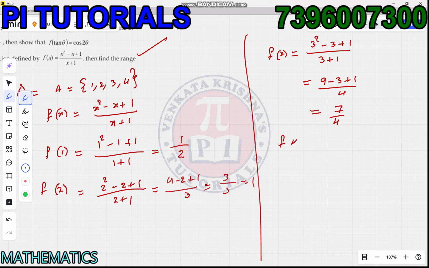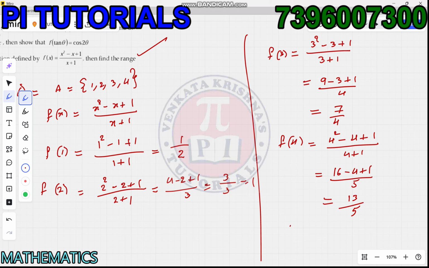Similarly, f of 4 is equal to (4 square minus 4 plus 1) by (4 plus 1), which is (16 minus 4 plus 1) by 5. 16 minus 4 is 12, 12 plus 1 is 13, so 13 by 5.